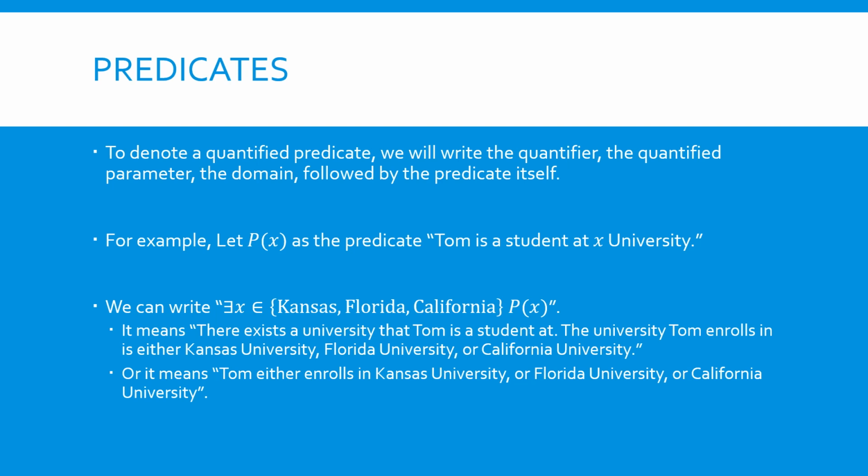Then, we have a set that contains Kansas, Florida, and California, corresponding to the domain of X. Finally, we write the predicate itself, P(X). This quantified predicate means that there exists a university that Tom is a student at. The university Tom enrolls in is either Kansas University, Florida University, or California University. Or it means Tom either enrolls in Kansas University, or Florida University, or California University.